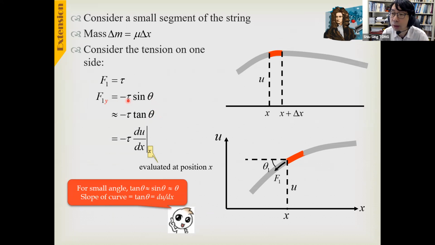And also, if the angle is large enough, then the tension tau will not be the same over the whole string. All these approximations will fail if I go to a larger angle. So imagine if the disturbance on the wave is large, then all these approximations are going to fail, and we cannot have the principle of superposition anymore.